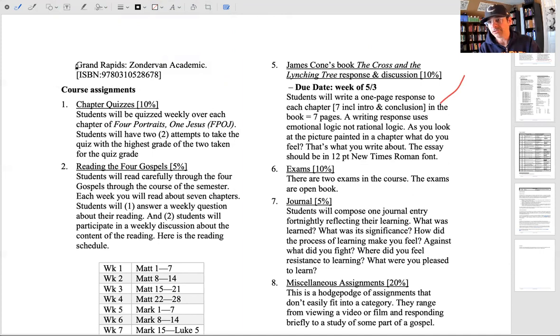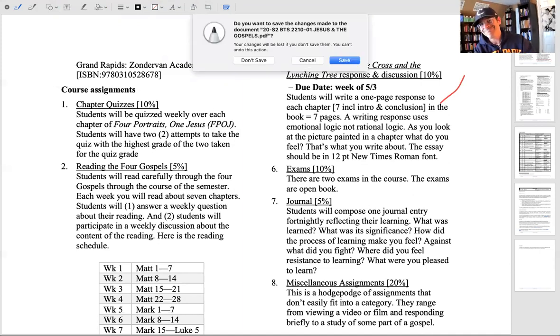my iPad just dropped. It's falling apart here. Technical difficulties.